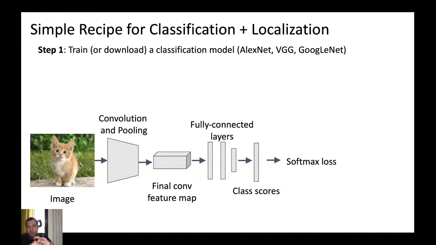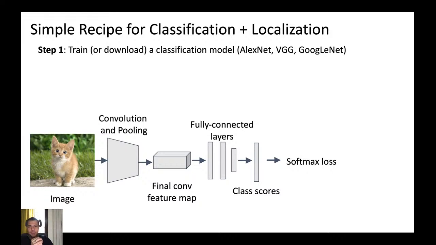It has some convolution and pooling layers, and we have convolutional feature maps, which are the activation maps from the last convolutional layer. Then we add some fully connected layers on top, and then we predict the class scores. So in order to do both classification and localization, we have to change this architecture in some way.